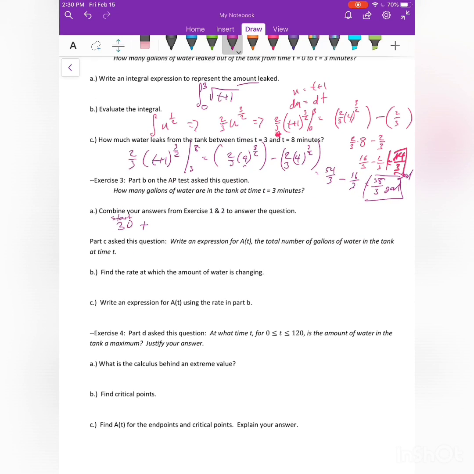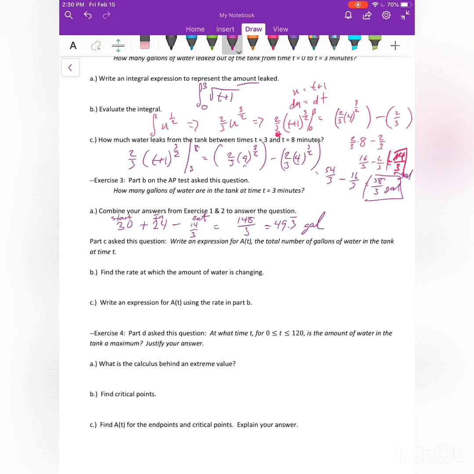That's 24 gallons. So we can add 24, and we're going to subtract the water that leaked out between 0 and 3, which we just found. That's the red one up there, 14/3. So you're always going to have a starting amount. If you have a rate in, rate out problem, you're going to add the amount that came in and subtract the amount that came out, and doing the quick math there, that is how many gallons are in the tank total at time 3.